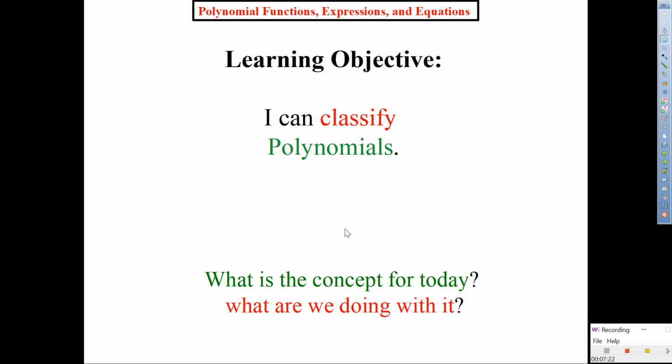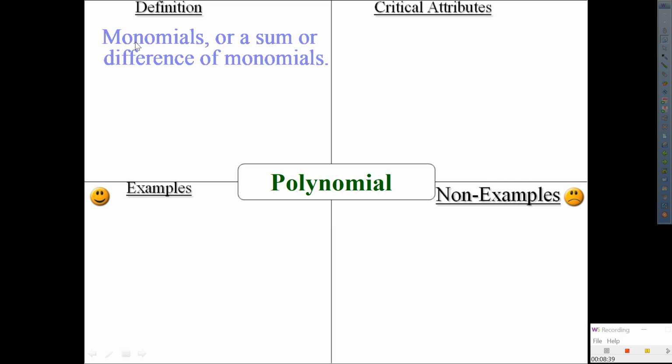What are polynomials? Definition. They are monomials or a sum or difference of monomials. Polynomials are what? Monomials or sum or difference of monomials.